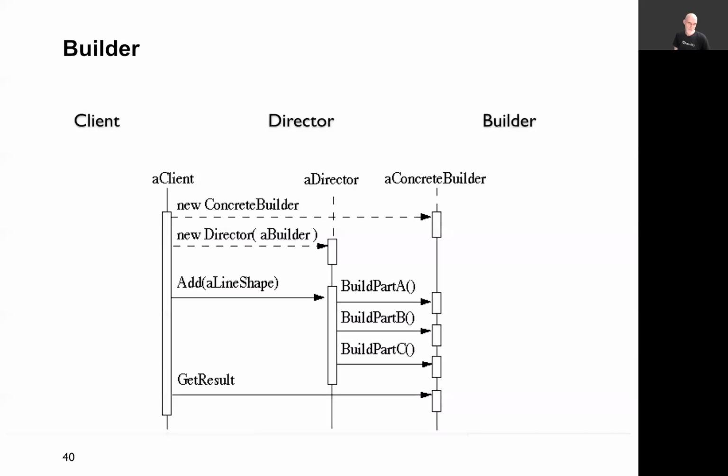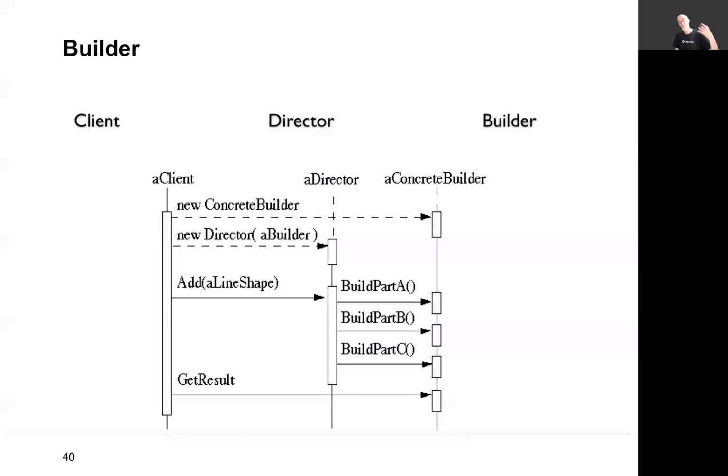And the reason we separate the director from the builder is, let's say we want to build some sort of diagram, right? But we may want to build that diagram in different formats. We may want to build it in a PDF, or on the web, where I'll produce an HTML file, or maybe some format for Word.